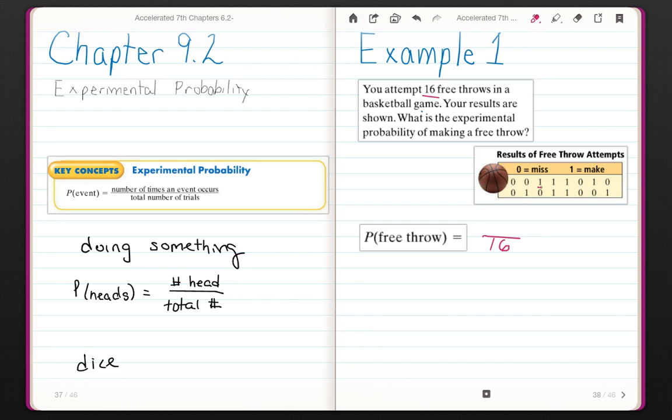And here I see that I made 1, 2, 3, 4, 5, 6, 7, 8. You made 8 out of those 16. With probability, you always want to reduce to simplest terms. So 8/16 is equal to 1/2. The probability that you're going to make that free throw is 1/2.